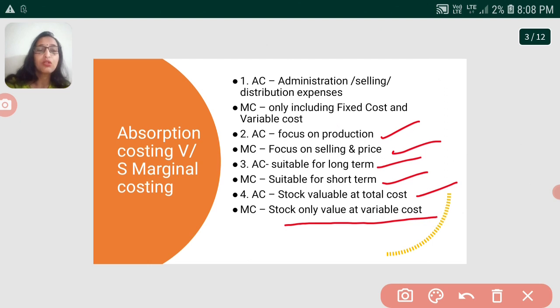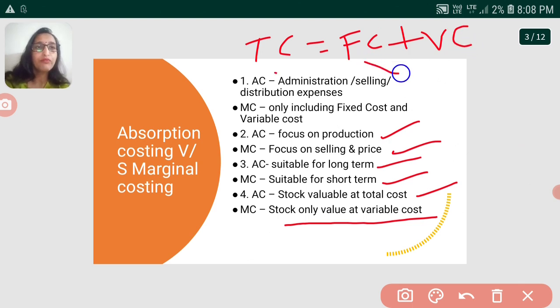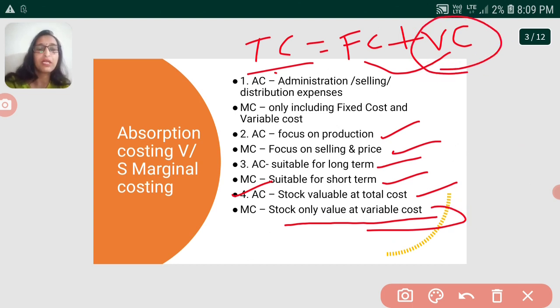Total cost is equal to fixed cost plus variable cost, including both fixed and variable. So absorption costing values stock based on total cost, but marginal costing only on variable cost.